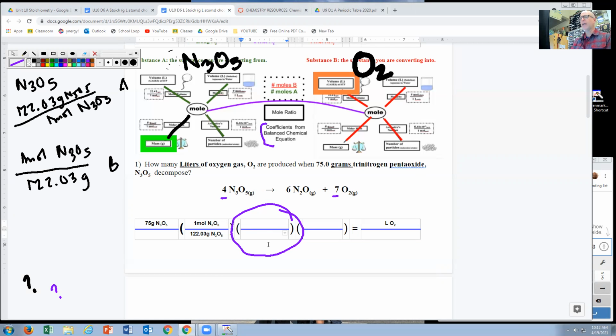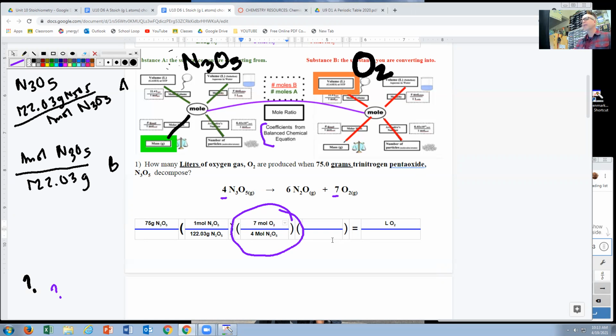Okay, so I'm going to cancel out moles of N3O5. How many moles of N3O5? We'll get the number from the balanced equation. It's going to be 4. And we're going to go from moles of N3O5 over to moles of oxygen, and we have 7 moles of O2.